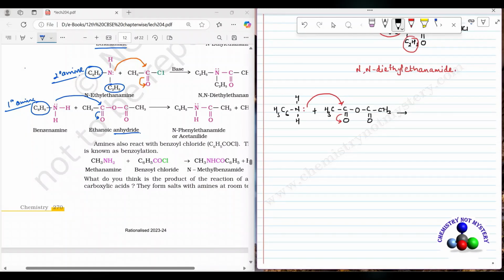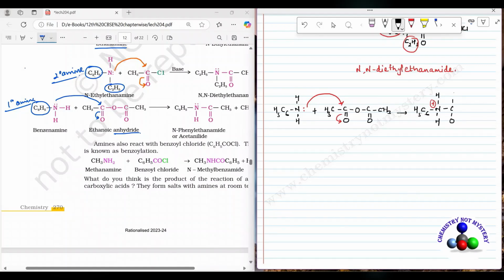In this product, this is C6H5 nitrogen. Here it is bonded with hydrogen. On the other side it is also bonded with hydrogen. As this nitrogen donated lone pair, it will develop positive charge. Now here it is bonded with carbon, single bond oxygen.